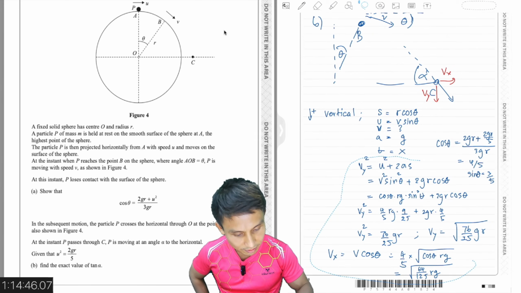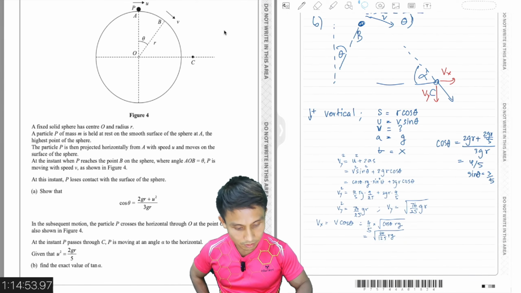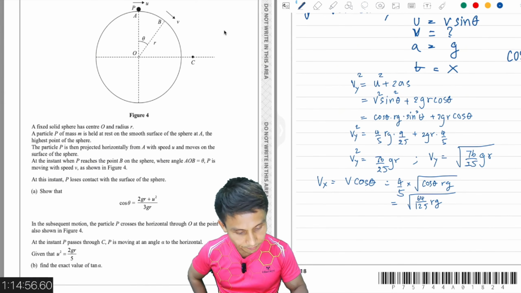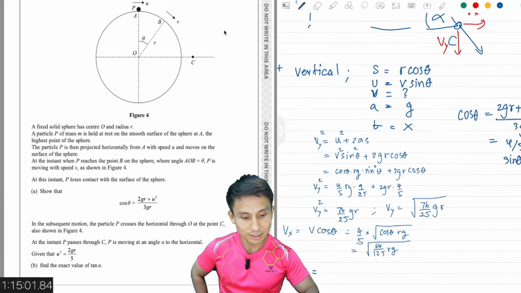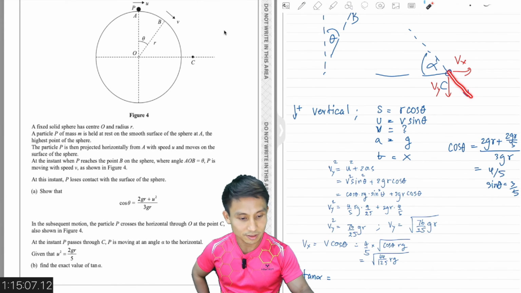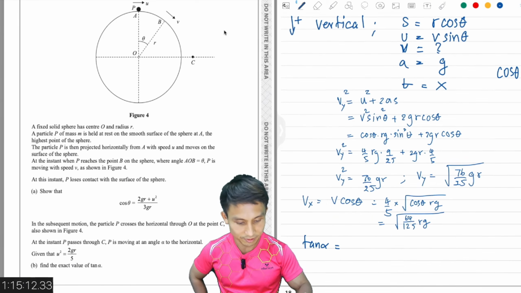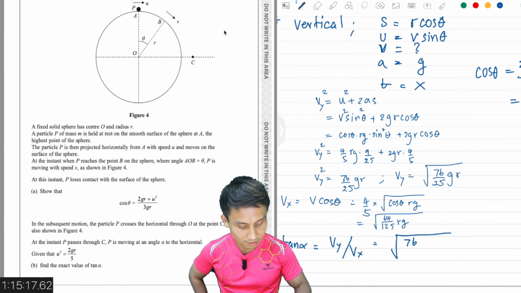We are almost done. So tan alpha, where alpha is the angle with the horizontal, is Vy over Vx. That's the square root of 76 over 25 divided by 64 over 125, and gr cancels.